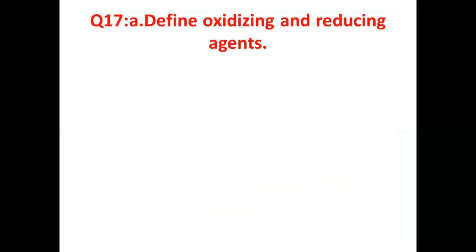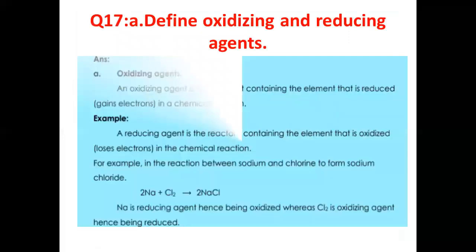Question number 17, define oxidizing and reducing agents. What is oxidizing agent? An oxidizing agent is the reactant containing the element that is reduced. Reduced means gain electron in a chemical reaction. For example, a reducing agent is the reactant containing the element that is oxidized, means only one element can oxidize. And in this reaction, you can see sodium from 0 is converted into plus 1.